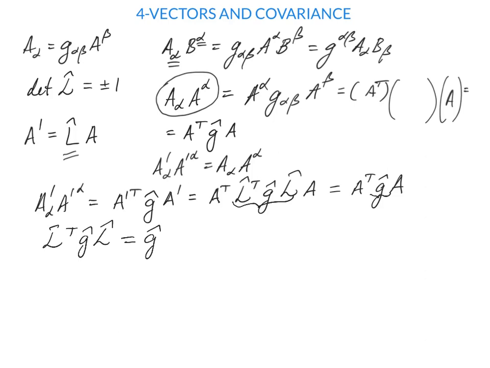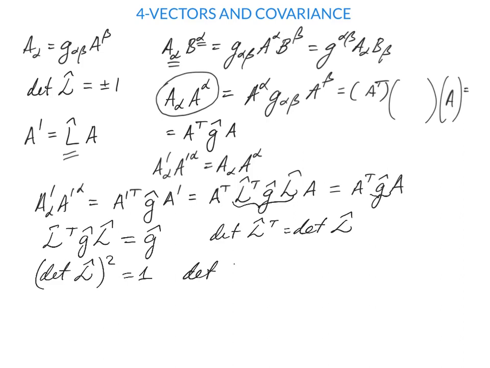Now let's take a determinant of this expression. The determinant of a transpose of a matrix is always the same as the determinant of the matrix itself, and the determinant of a product of matrices is a product of determinants. So the determinant of g is going to cancel on both sides. This gives us determinant L squared equals 1, or determinant L equals plus or minus 1.